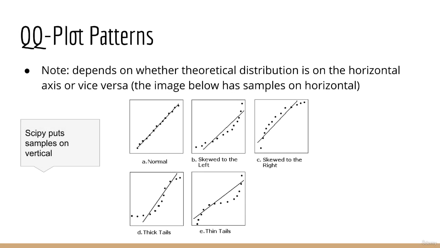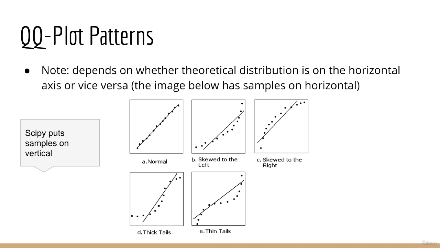Generally speaking, there are only a finite set of patterns you will typically see in a QQ plot when the data doesn't match the theoretical distribution. This happens when the data has heavier tails than the theoretical distribution, or when the data has lighter tails. You see a different pattern when the data is more left-skewed or more right-skewed. Note that, depending on which book you're reading, what you see will depend on whether the theoretical distribution is on the horizontal axis or on the vertical axis.